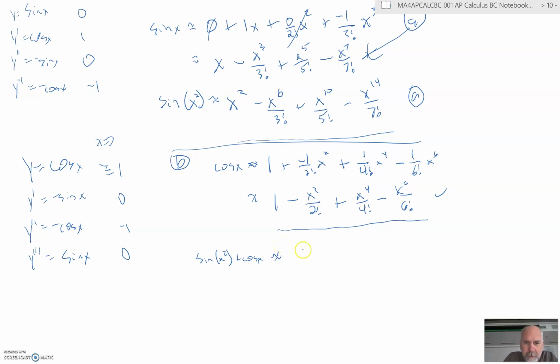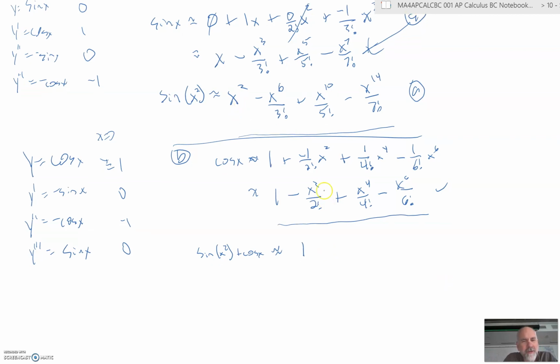Well, the first term is going to be a 1. And then the second term, I've got an x squared, but I've got a minus x squared over 2, so that'd be plus x squared over 2. Because 2 factorial is just 2, so it's x squared minus 1/2 x squared, so that'd be 1/2 x squared. The next one is the x to the fourth, and it doesn't have a partner, so it's x to the 4th over 4 factorial.